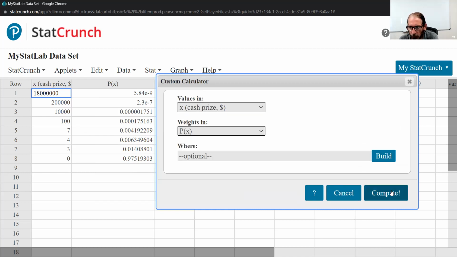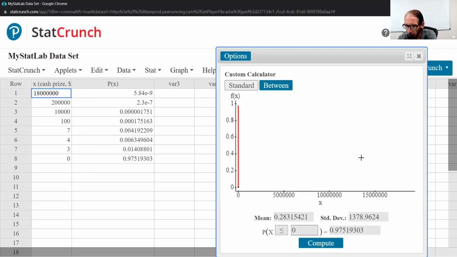When we compute, it's going to give us a graph, and without all the work compared to what I showed in the previous video, it's going to give us the mean and standard deviation. So here we go. Now, keep in mind that we're talking about the profit having spent $1.